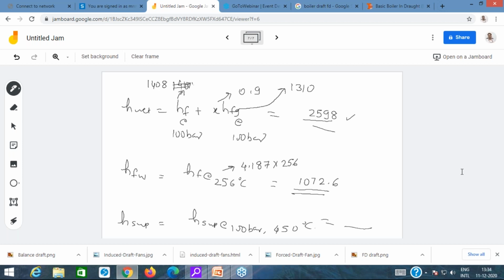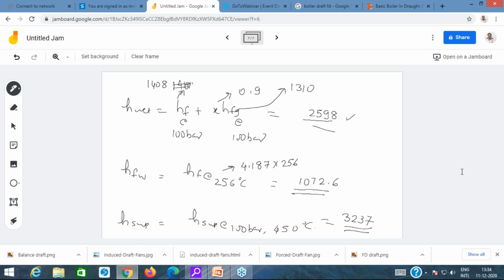Please tell me the value of superheated steam enthalpy at 100 bar and 450 degrees centigrade. Is it 3237? Okay, thank you, Kunal, 3237.